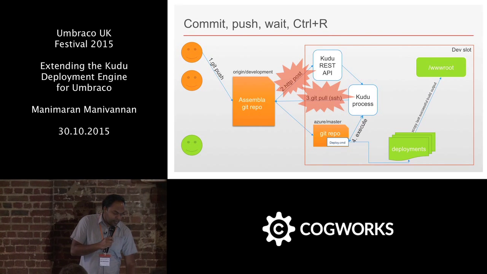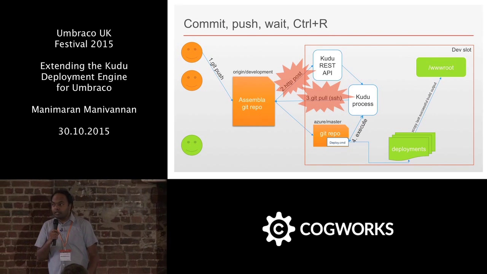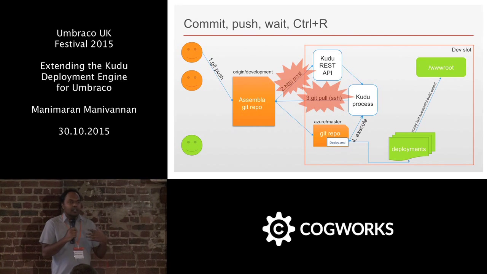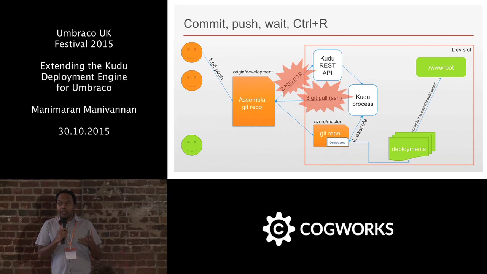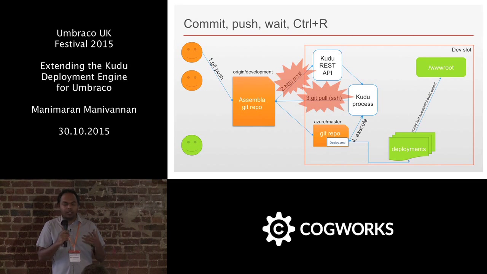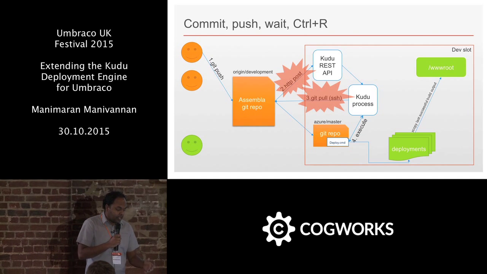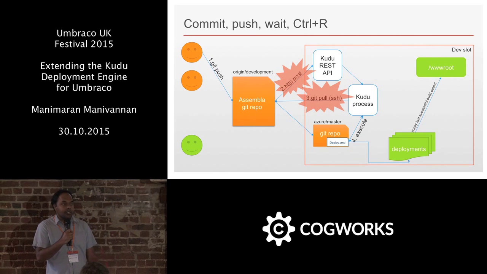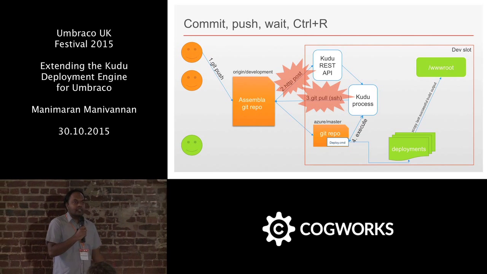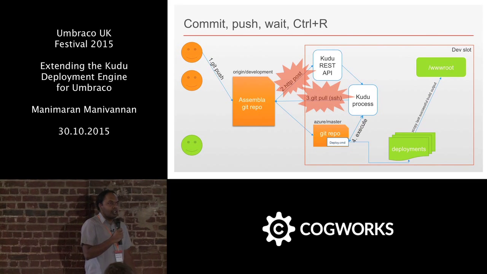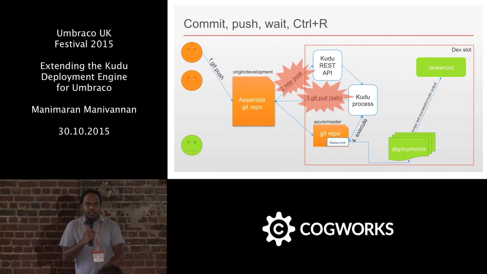Normally, that creates a deployment. Every time this deploy.command is run, a deployment is created, and it is kept in the file system in Kudu and in the Azure website. Then if the deployment is successful, it takes the last successful deployment and syncs the files with the www root, and that's how the code lands up in the website.